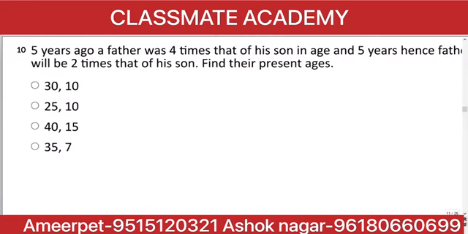Next, ages. Generally you do ages in your math, particularly when you do ratio and proportions. But sometimes they will ask in reasoning also, in very rare cases. So let's solve this question. 5 years ago, a father was 4 times that of his son. So if the present age of the son is x, 5 years ago what can I write? x minus 5. 5 years ago, how many times was his father? 4 times.